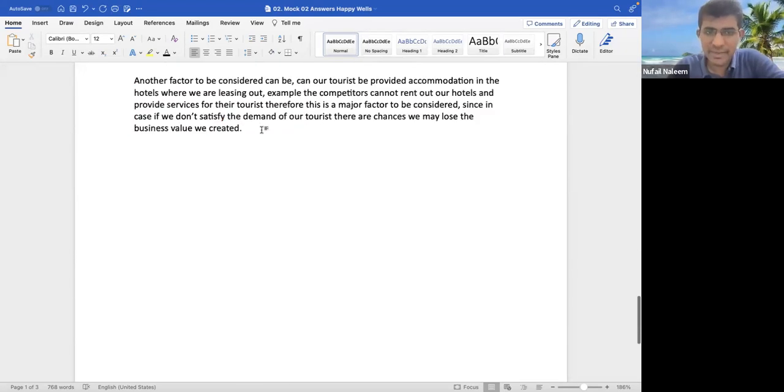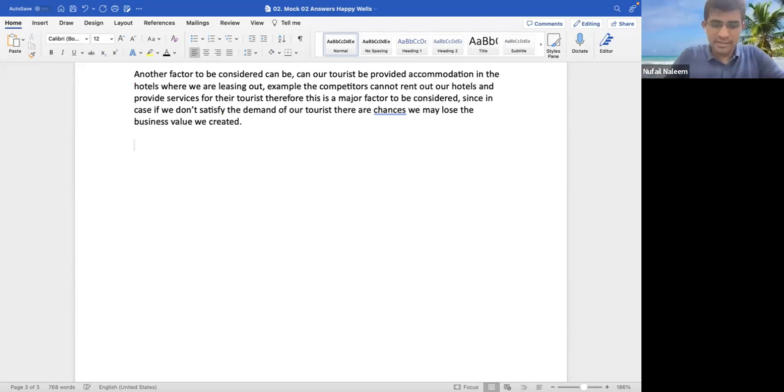So I'm going to write down the part B. This area focus on the app development cost for our business.